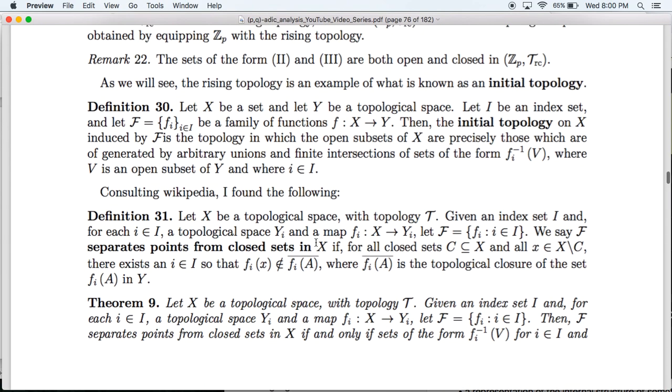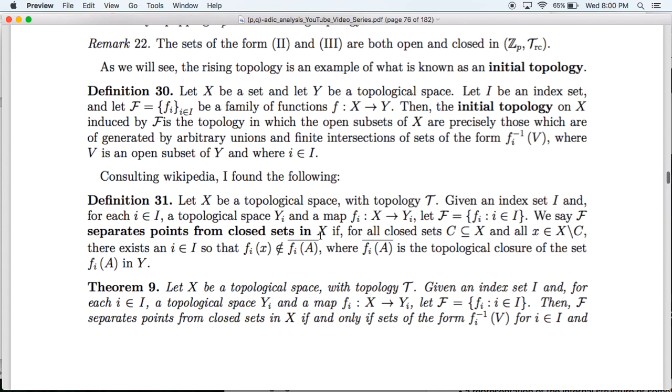Consulting Wikipedia, and I believe that this comes from Bourbaki's general topology, although the Wikipedia article also has work of Grothendieck's on there. Amazingly, I could potentially be citing Grothendieck for this, despite the fact that we couldn't be more different as mathematicians.